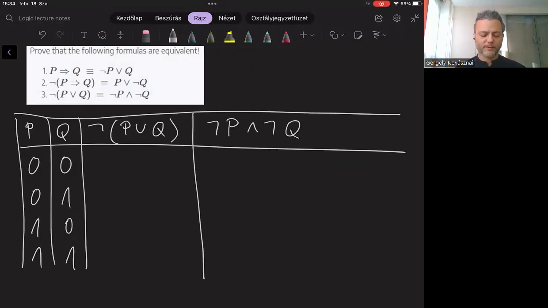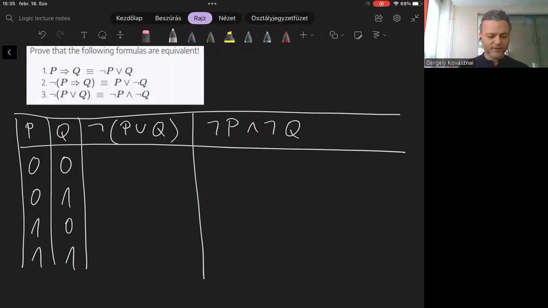We are going to prove that. And later on, in later modules of these lecture notes, we will use this transformation of a disjunction to a conjunction whenever we need that. But anyway, let's focus on the things we have to do here.